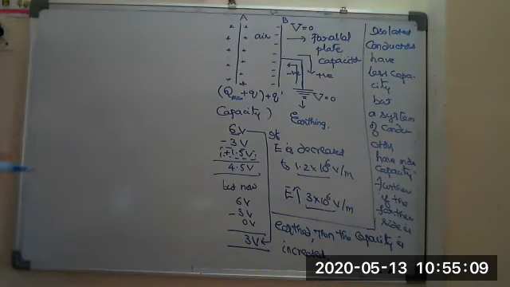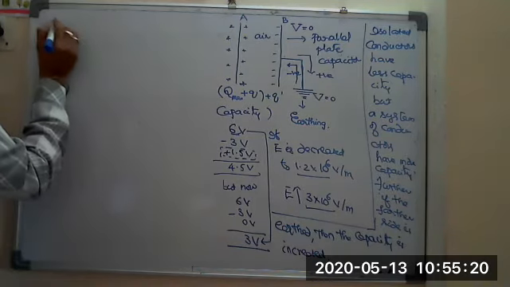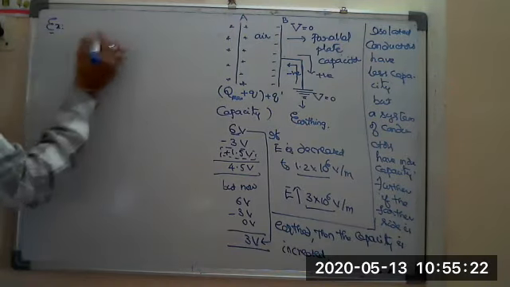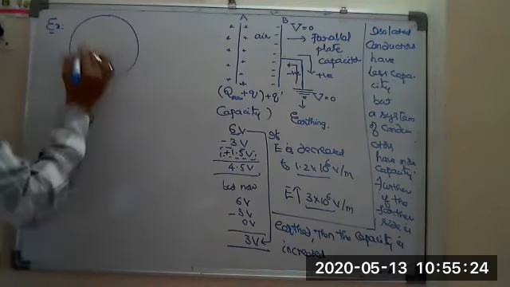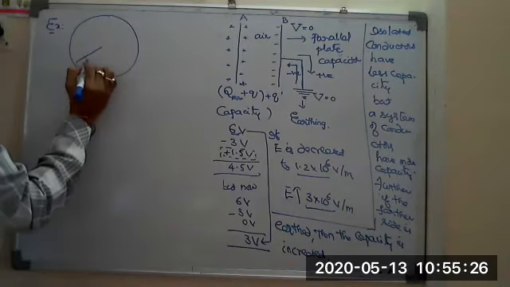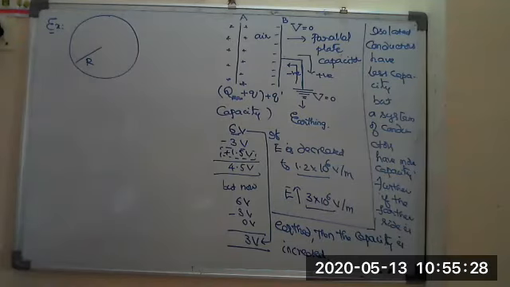We previously discussed. So generally, from the exam point of view, they focus more on spheres. So if you take an isolated spherical conductor of radius r.